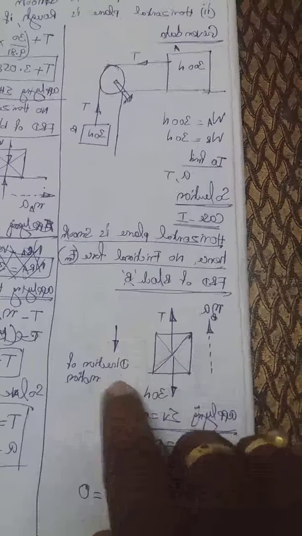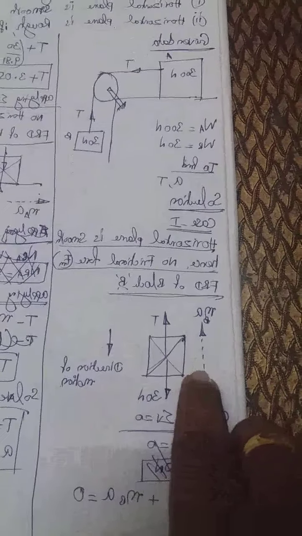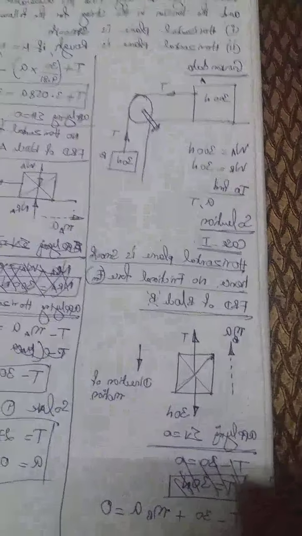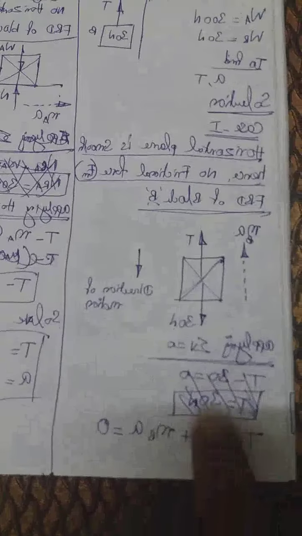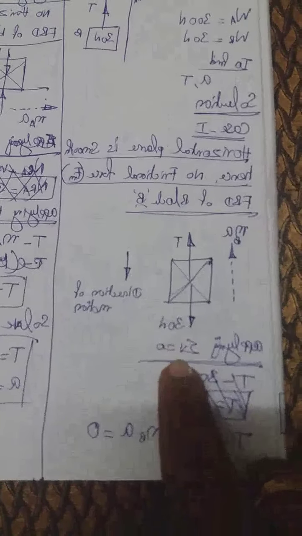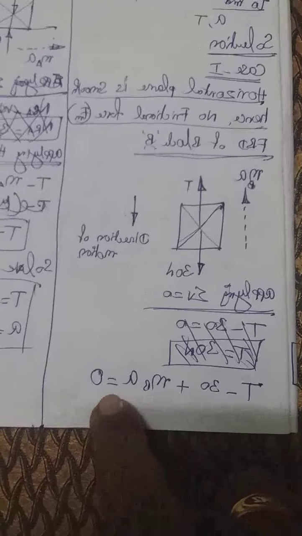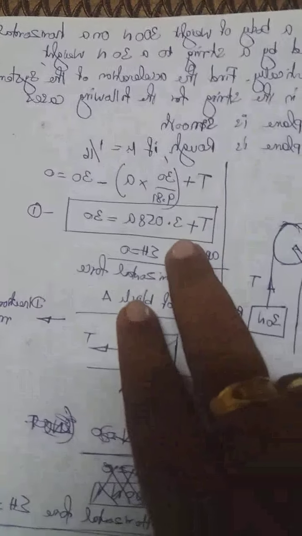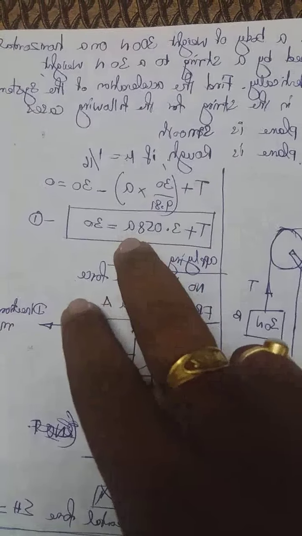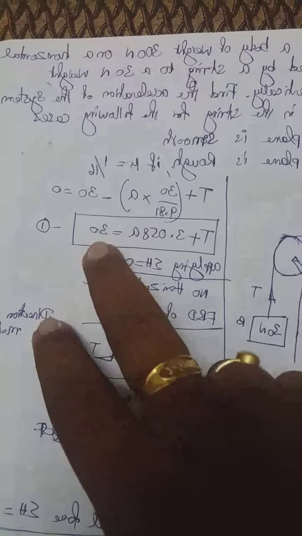Block B comes downwards, so the inertial force is acting in the upward direction. Summation of vertical force is equal to 0. There are no horizontal forces, so the vertical force is equal to 0. I get T minus 30 plus MA equal to 0. So I am getting the equation T plus 3.058 A equal to 30. This is the first equation.